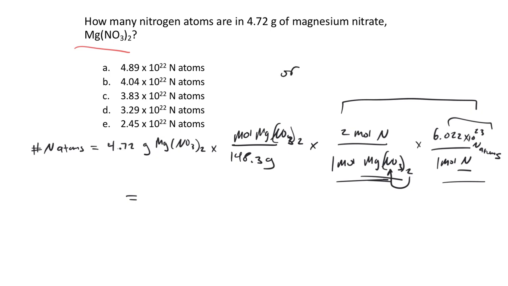You could have said, for the second step, 1 mole of Mg(NO3)2 contains an Avogadro's number of Mg(NO3)2 molecules, but that's, like we said earlier, not really the right terminology.